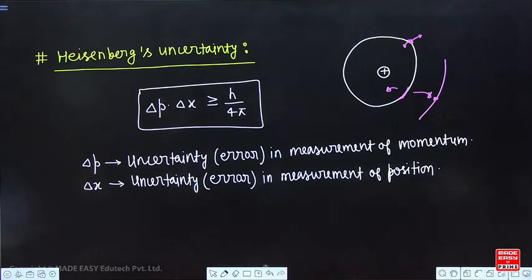One implication of uncertainty principle is that we cannot properly speak of the position of an electron.